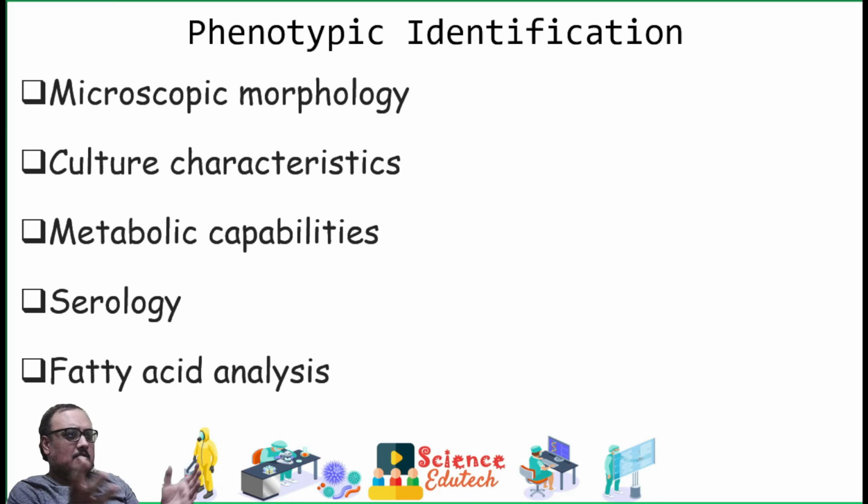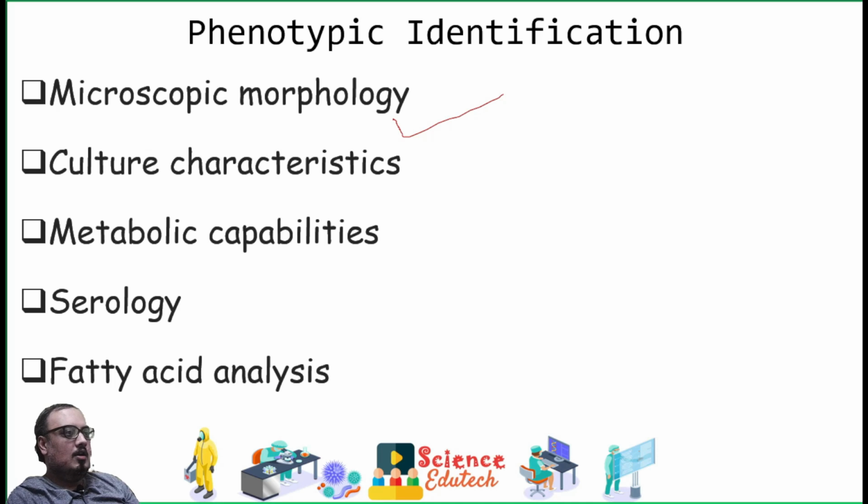So, what is phenotypic identification? It includes structural characteristics, biochemical properties, metabolic capabilities, serology, as well as fatty acid analysis. Microscopic morphology defines, for example, the shapes and size of the bacteria.